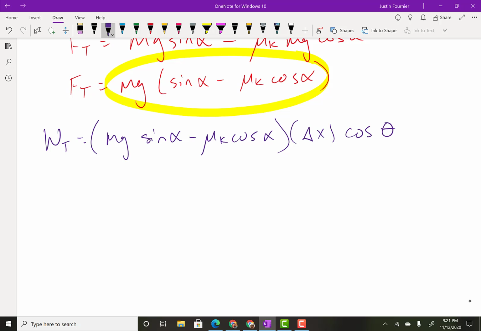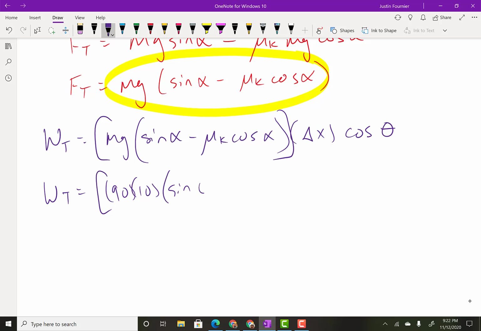I think now I can just plug in values here. So the mass is 90, g is 10. Sine of the angle is 60, minus mu k is 0.1 times cosine of 60. And then the displacement again is 30.